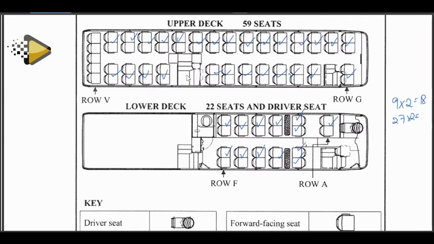This is 18, 54. Then you add on 1, 2, 3, 4, 5, plus 5. So 18 plus, you get 69.